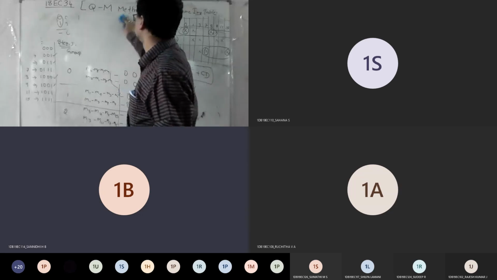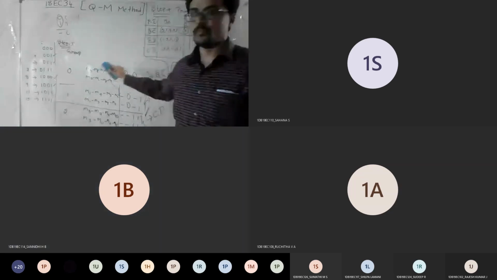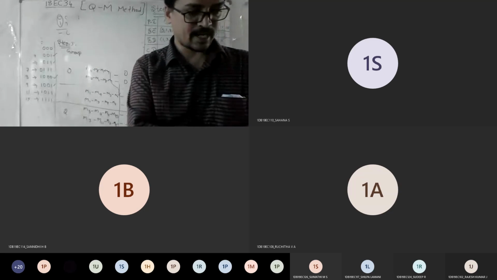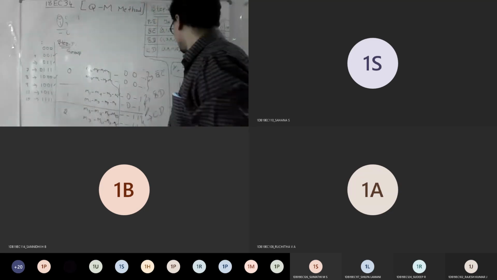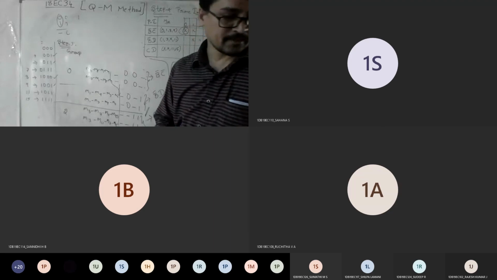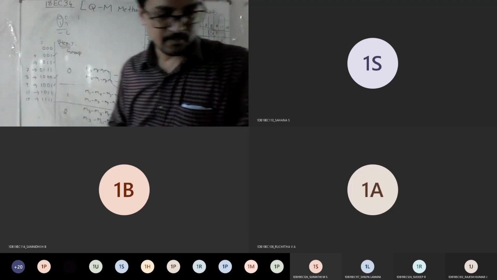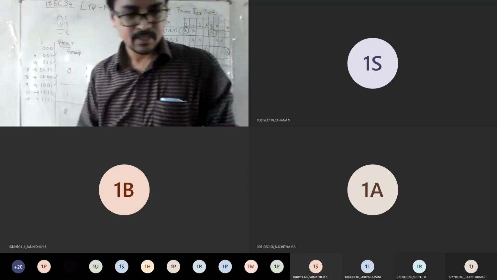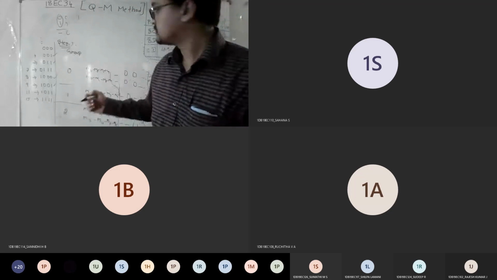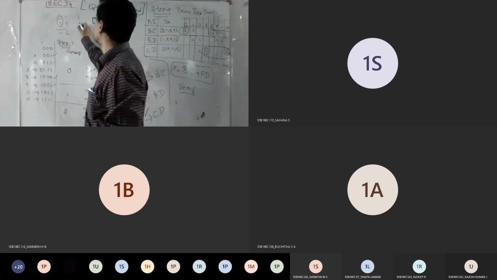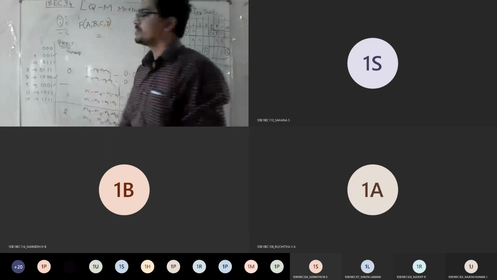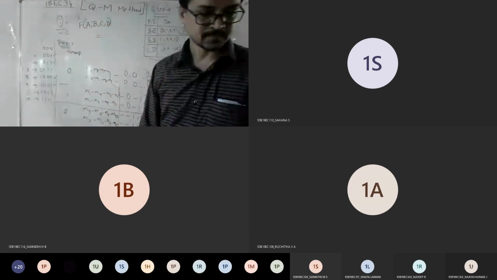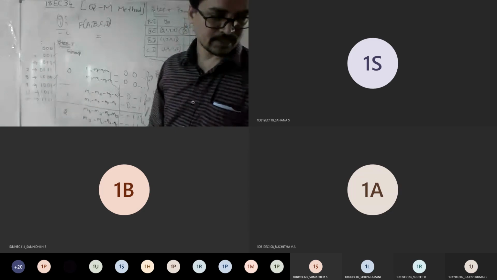The question is given. I hope everyone has written till here. Now you should solve this. Simplify the following using the Quine-McCluskey method. They have given A, B, C, D, so 4 variables, and the numbers are given.